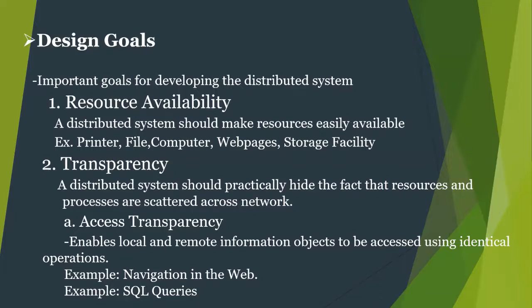So there are different types of transparencies. Access transparency, right? So what is this access transparency? Access transparency deals with hiding the differences in data representation and the method or technique with the help of which resources can be retrieved by the user.